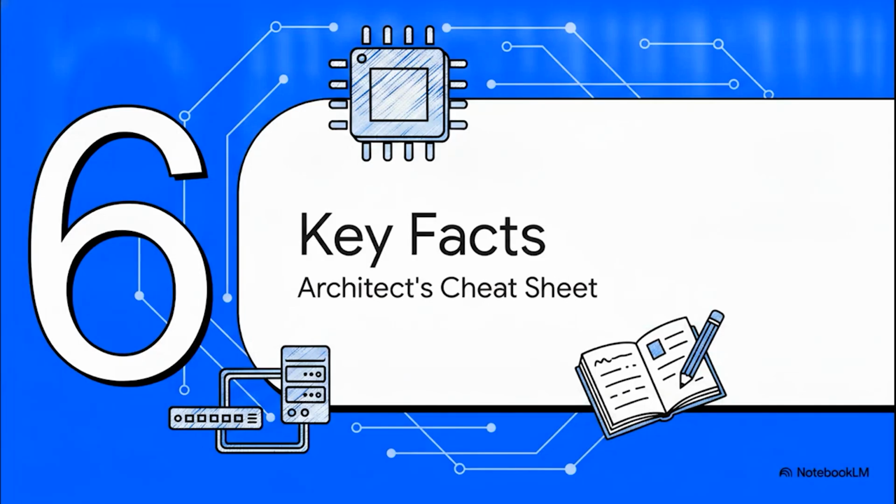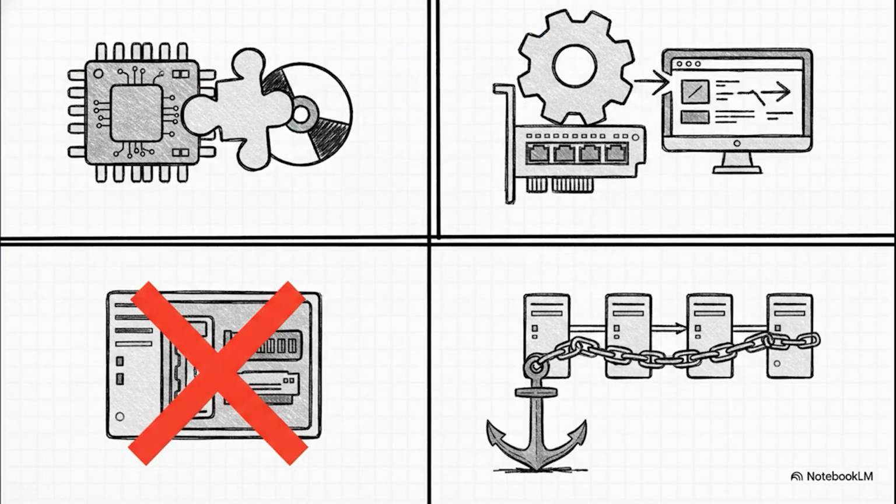Section 6. Key facts to memorize. The architect's cheat sheet. Before you go sit for your exam, make sure these 4 rules are locked in your brain. First, RoCE depends on physical hardware SR-IOV and a strictly compatible software OFED driver validated by the matrix. Second, know the division of labor.